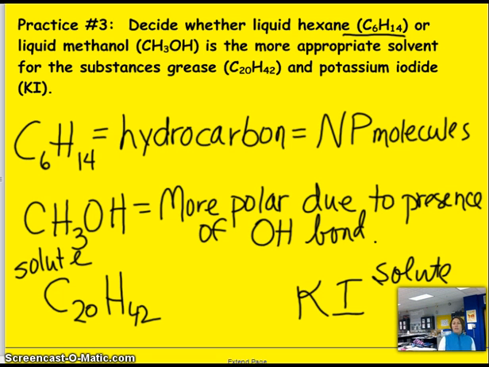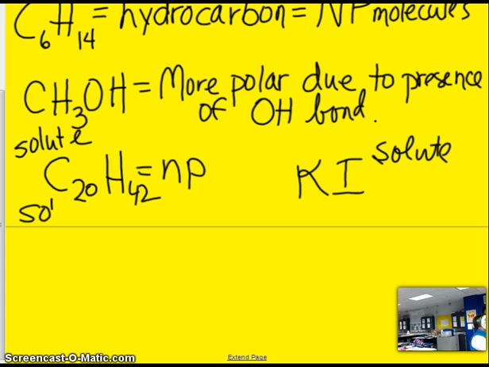Well, again, if you're mixing nonpolar with nonpolar, that will more likely make a solution than polar with nonpolar. So since this also is a hydrocarbon and is nonpolar, the solvent to use would be the C6H14 because they're both nonpolar and the overall energy associated with that will most likely allow the two to mix.